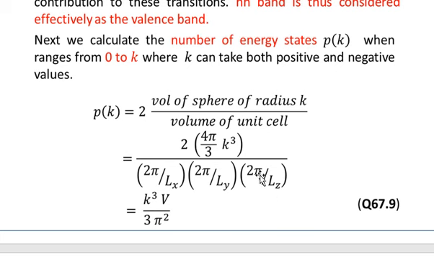And similarly 2 pi over lz is kz, where lz is the dimension of the parallelepiped along the z direction. So multiplying all these quantities and introducing that the volume V is equal to lx into ly into lz, we can write P of k, the number of energy states, as k cubed multiplied by the volume of the parallelepiped divided by 3 pi squared, as shown in equation number 9.